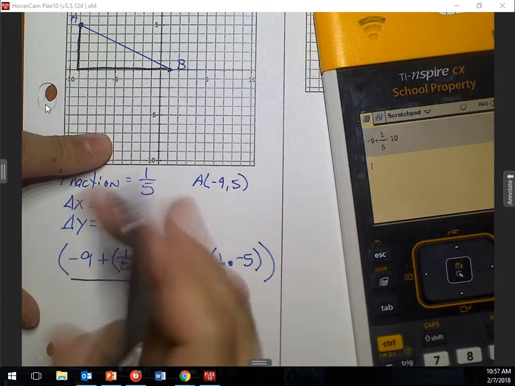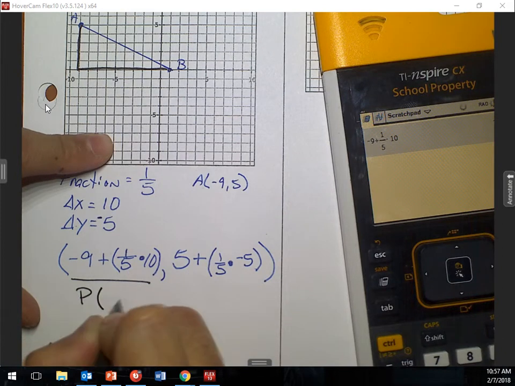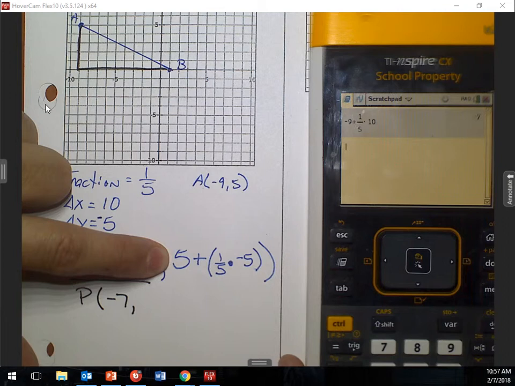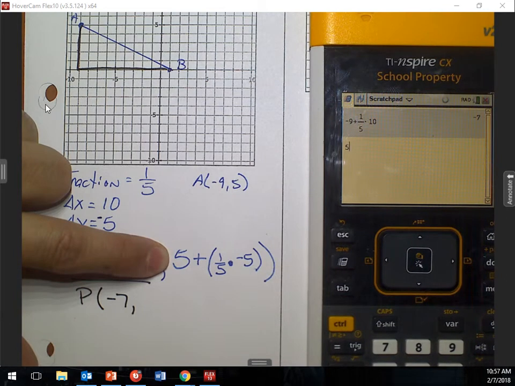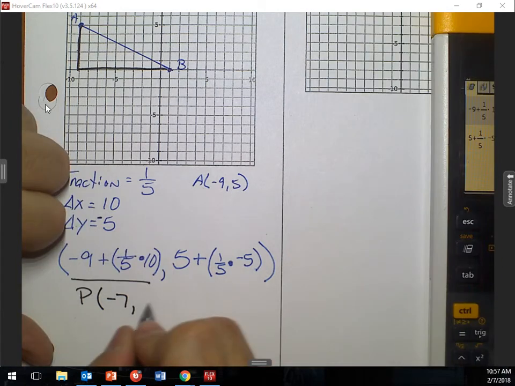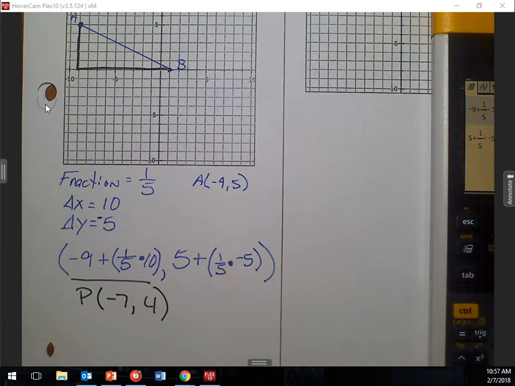Very good. So my point P, x value is negative 7, comma. Now do the same thing for the y value. 5 plus 1 over 5 times negative 5. You get 4. Okay? There it is. That's all the work you guys need.